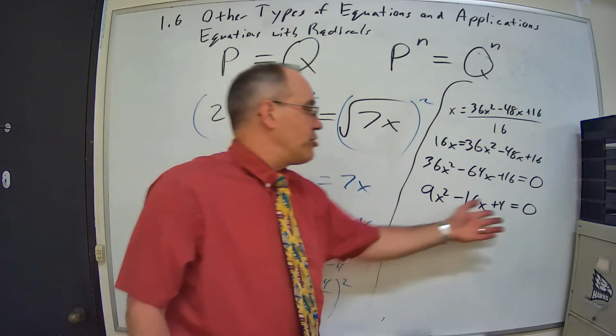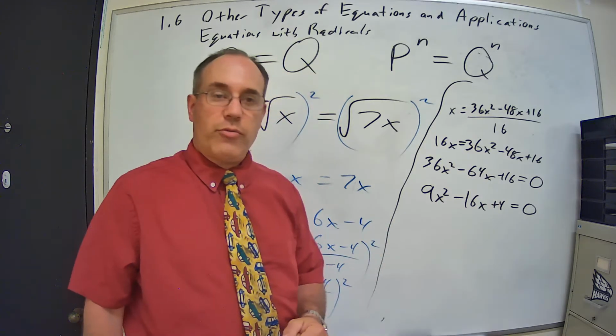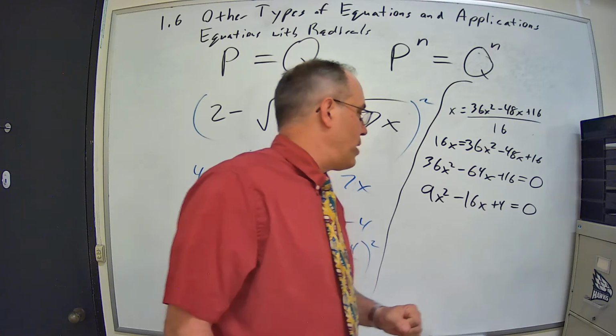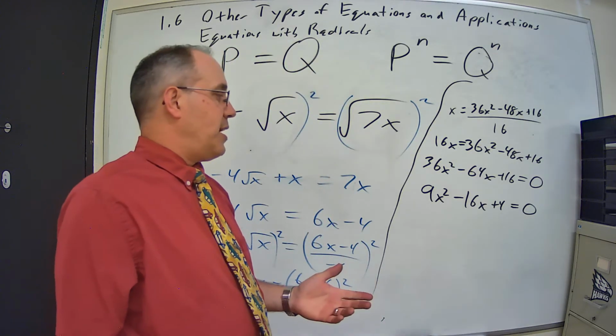So with this, I could try factoring by grouping. It may work. What do I have? 9 times 4 is 36.